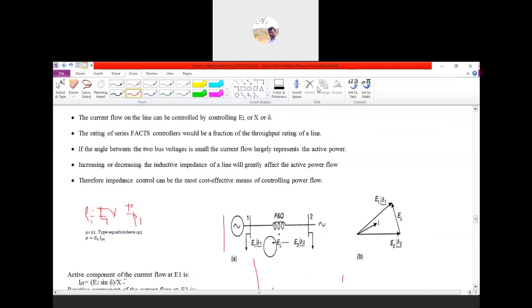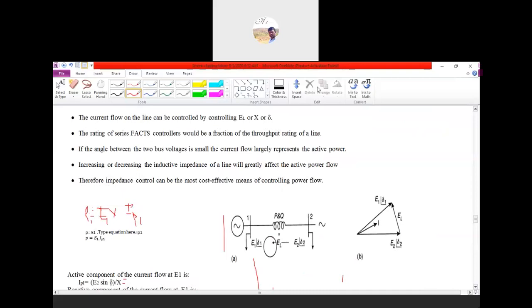If we control the impedance, then only we control the angle. So by different values of x, the power will be varied.